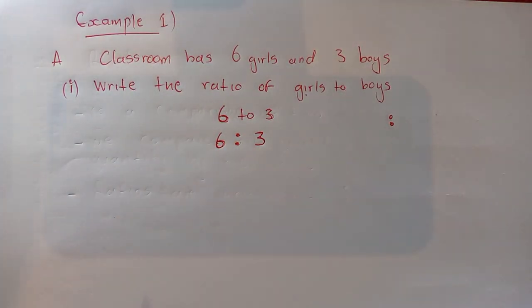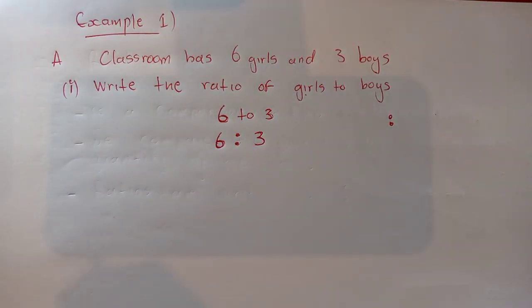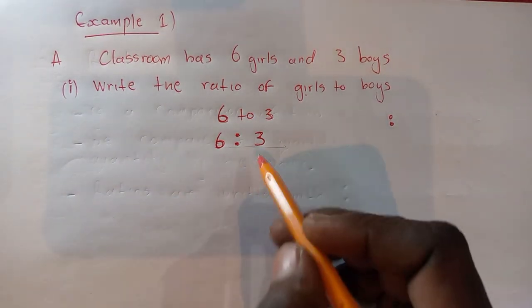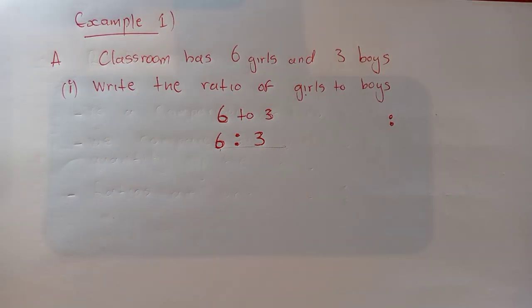When we just started, I mentioned that we compare the quantities by dividing. The same way we deal with division, we look for a common factor so that we can simplify this expression. Which factor can go into both 3 and 6? That number is 3 itself.